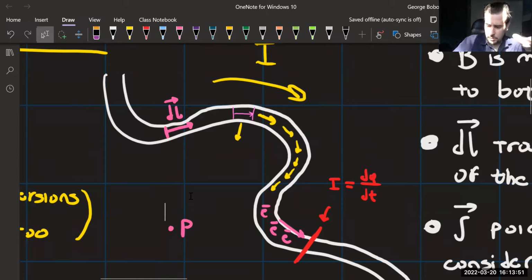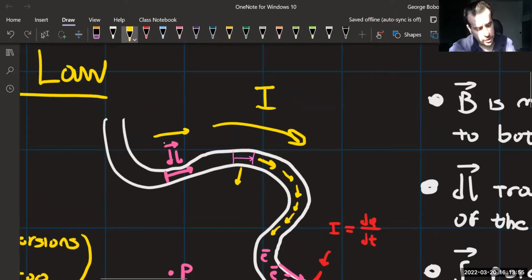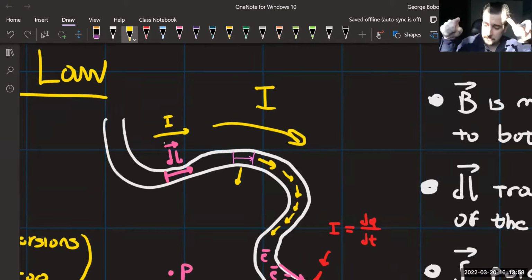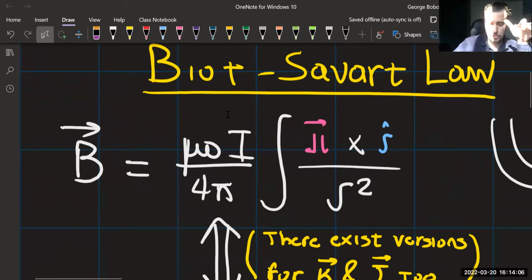If you notice something about dL, it's that it's following the direction of the current. In fact, it is literally the direction of the current. Sometimes you might see the Biot-Savart law written like this, by the way.